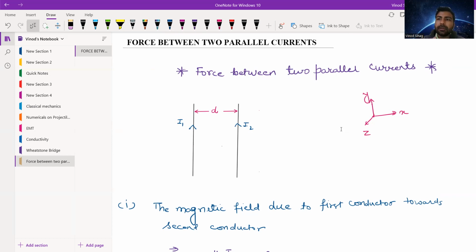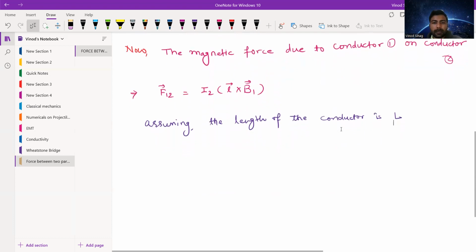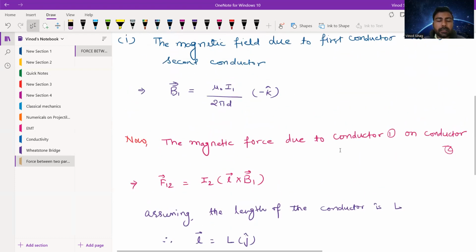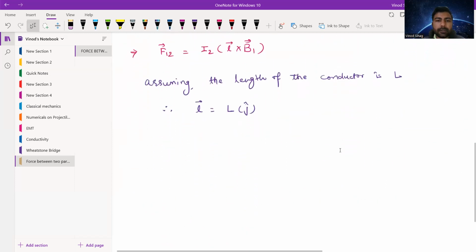This current is flowing in the upward direction, that means plus j cap direction. So the small L vector will be nothing but L into j cap. This will be the direction. And now we will put the expression of B1 vector, and the current will be I2.